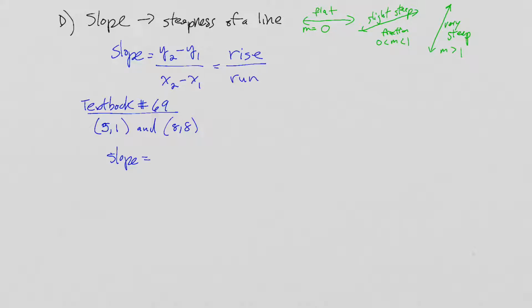So slope is going to equal, now notice that the equation wants us to subtract the y's and then subtract the x's in the same order.